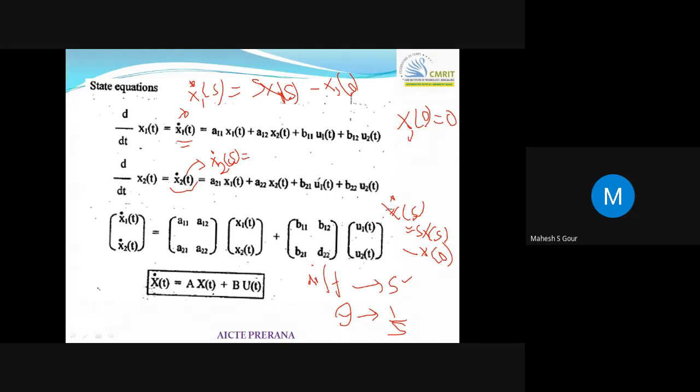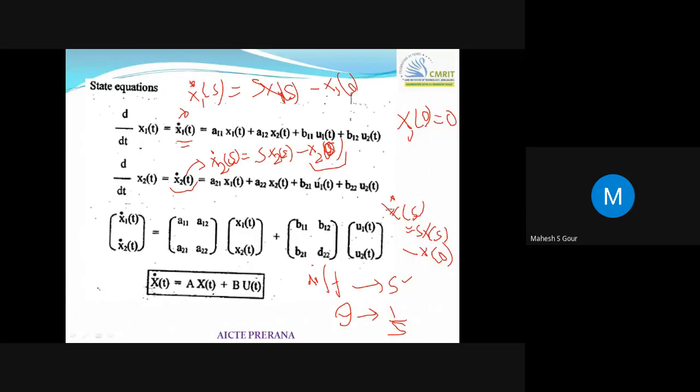So what is x2 dot of s? You write it as s x2 of s minus x2 of 0. This is my initial condition. So x2 dot of s is equal to s into x2 of s minus x2 of 0. Initial condition is included, right?